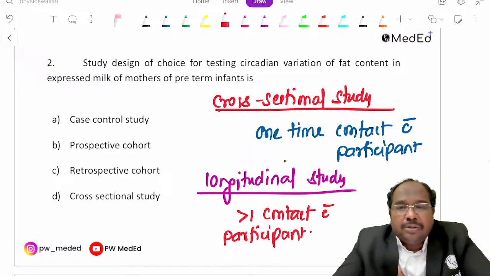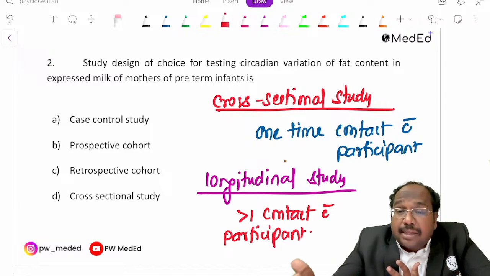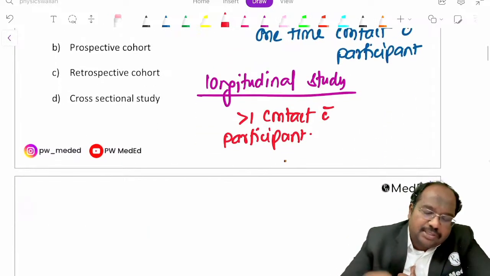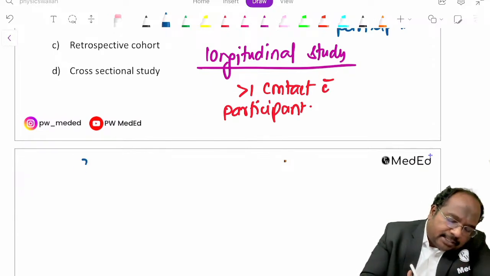You identify a group of people, you follow them and check their blood pressure over a period of one year, three or four times, then it becomes a longitudinal study. So one-time contact is cross-sectional, more than one contact is longitudinal.